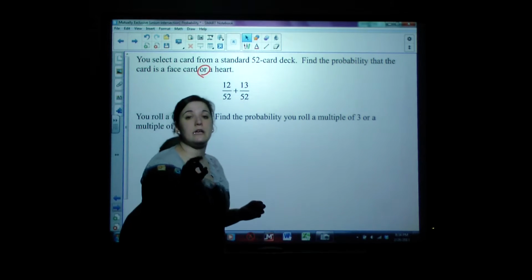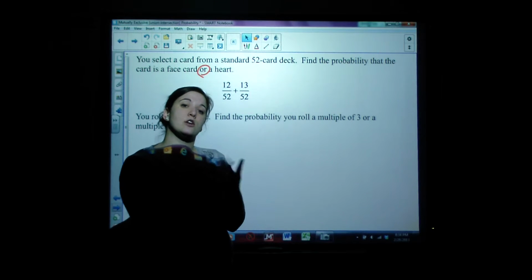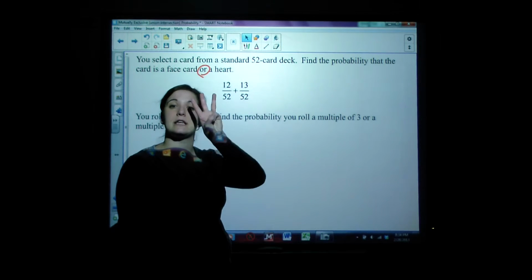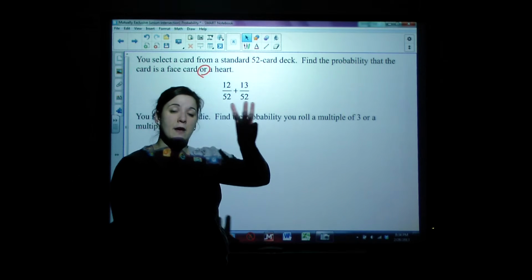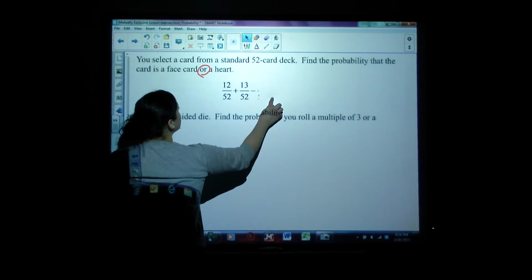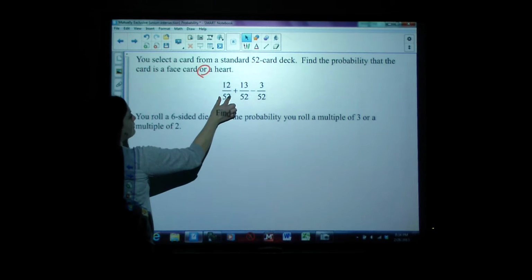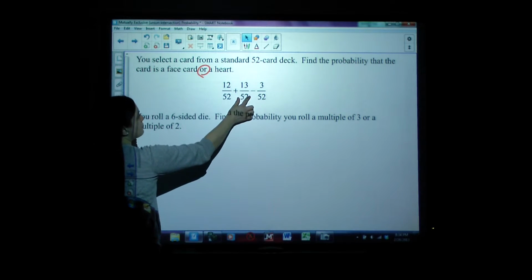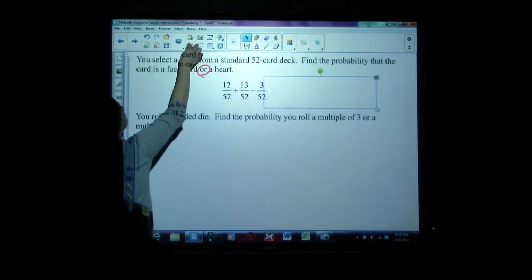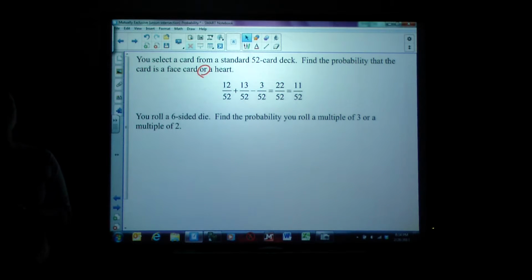Well, the answer is 3, because there's the Jack of Hearts, the Queen of Hearts, and the King of Hearts. That is 3 cards that are both face cards and hearts at the same time. So I have to make sure we subtract 3 out of 52. So this is the probability of a face card plus the probability of a heart minus the overlap, which tells me that there is 22 out of 52 for probability, or that reduces to 11 out of 26.